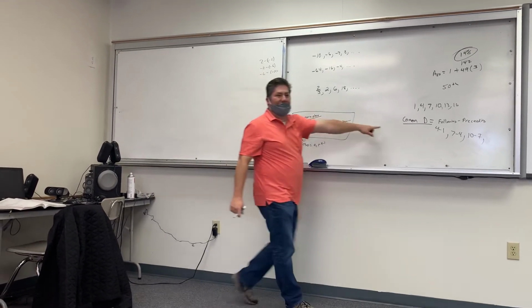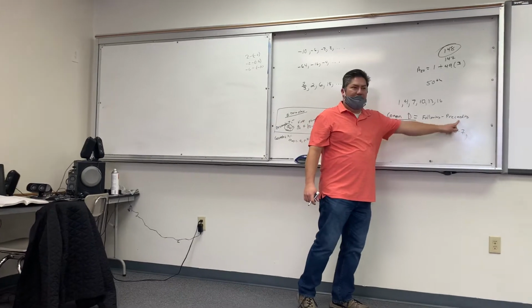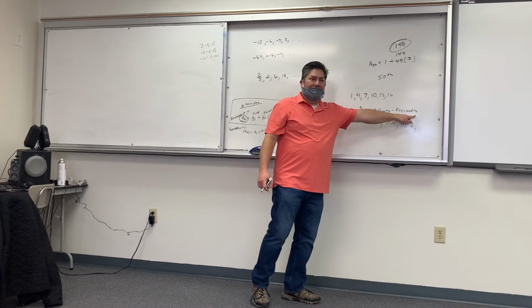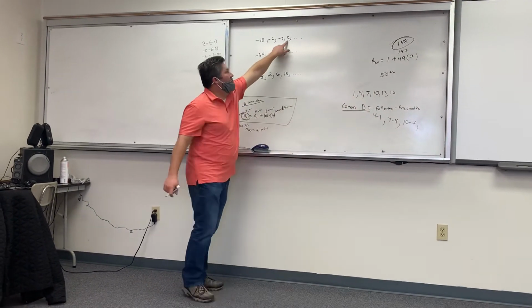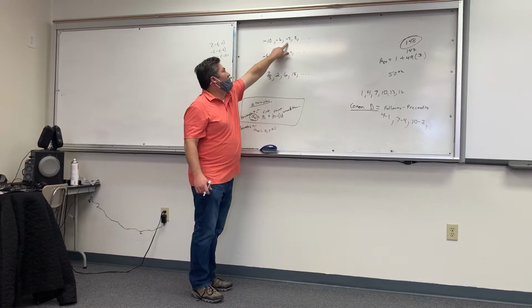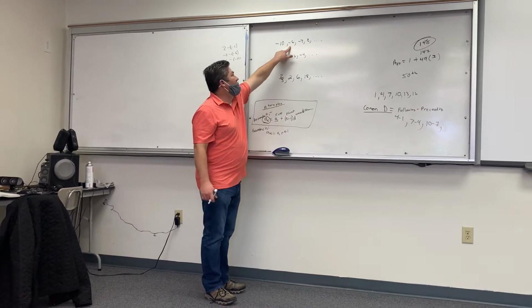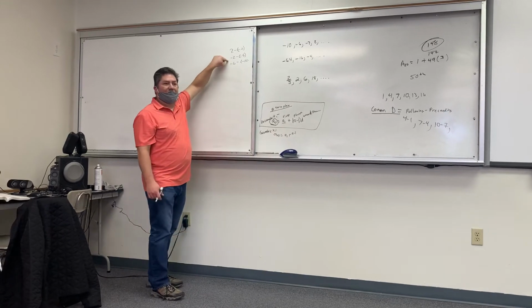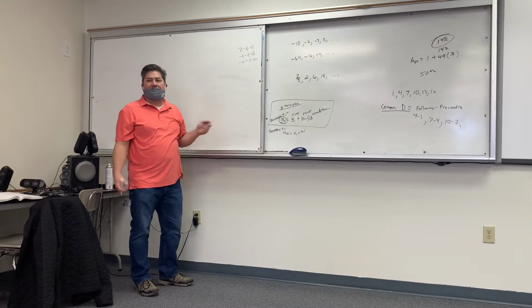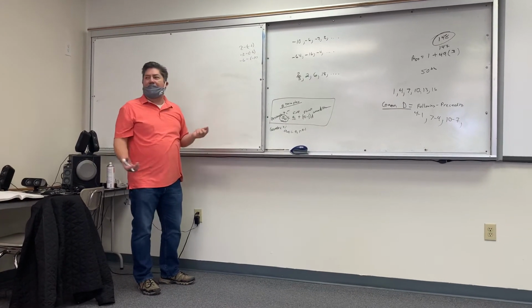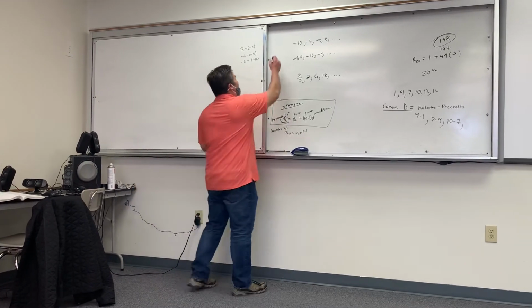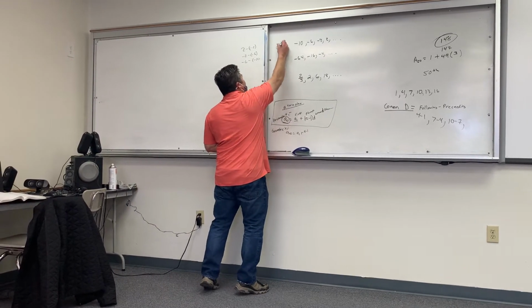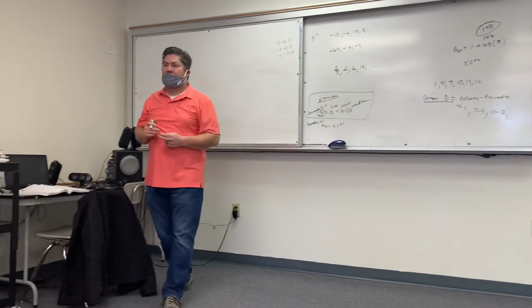I'm following this idea of common difference, following minus preceding. All these should be the same. Are they all 4? Yeah, I'm not going to do every one of them, but they're all 4. So the common difference, D, is 4.